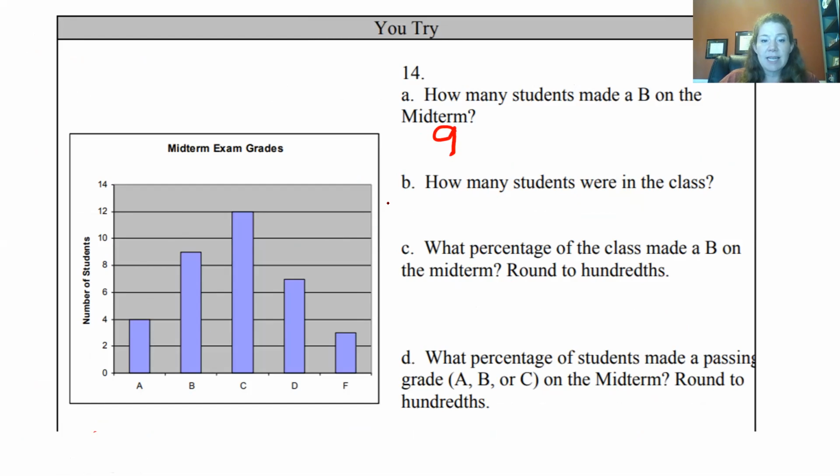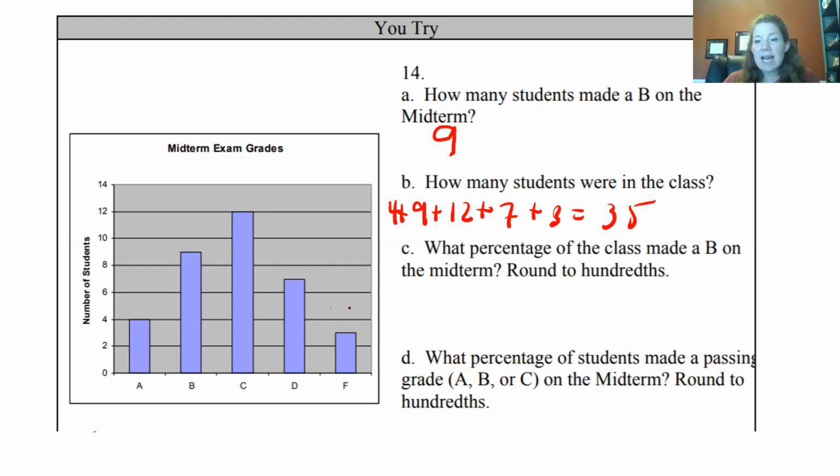So 4 kids made an A, 9 kids made a B, 12 students made a C, 7 made a D, and 3 made an F. So 7 and 4 is 13, that's 25. 25 would be 35 students. Did y'all agree with that? Let me make sure. 13 plus 12 plus 10, yes, 35.